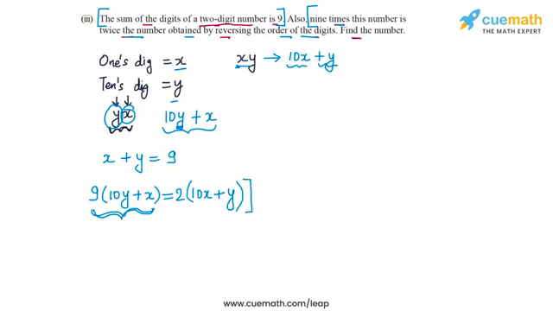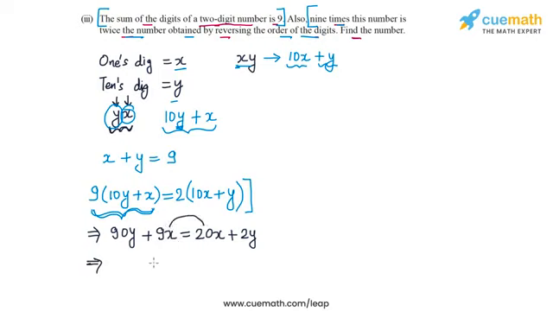and this gives us our second equation in x and y. Now let's expand and rewrite this in standard form. So we have 90y plus 9x is equal to 20x plus 2y. There is no constant term on both sides. And now let's collect the terms in x and y.